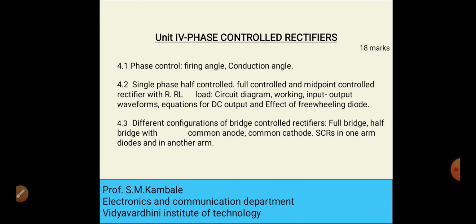Now looking to point 2, there are various types of phase control rectifier, that is, a classification of controlled rectifiers. There are basically two types: half wave control rectifier and full wave control rectifier.